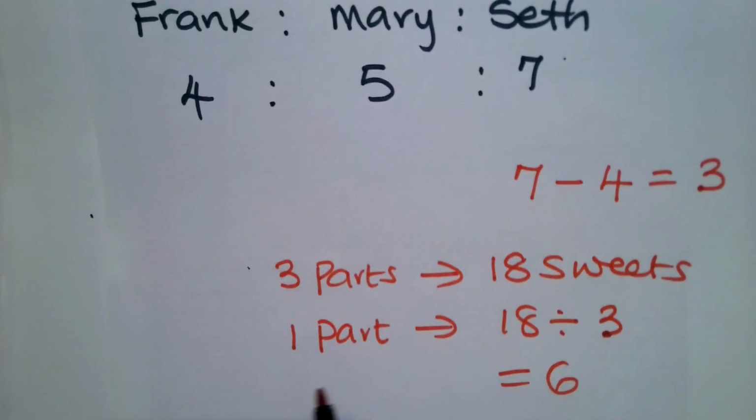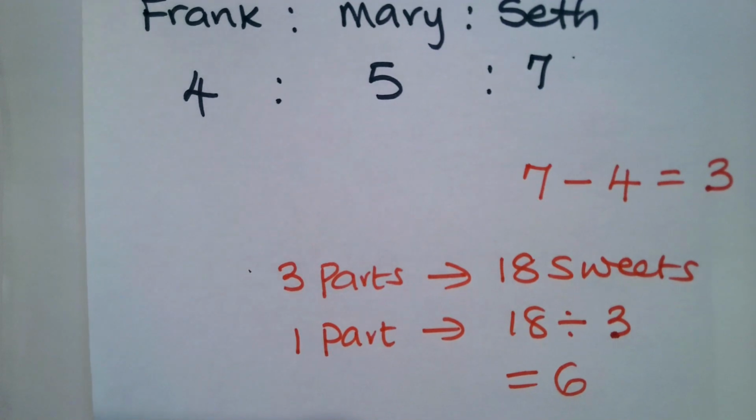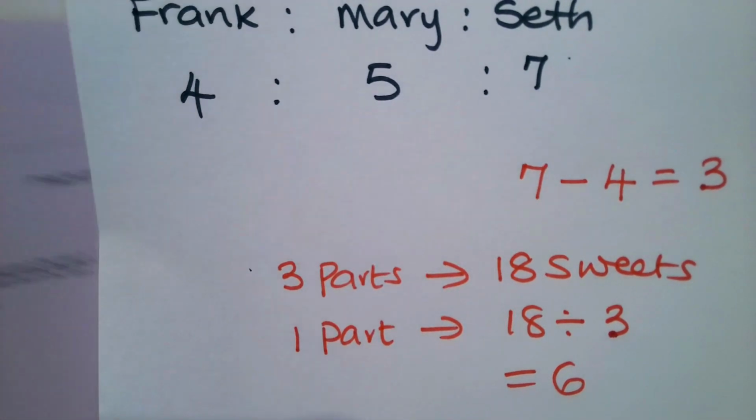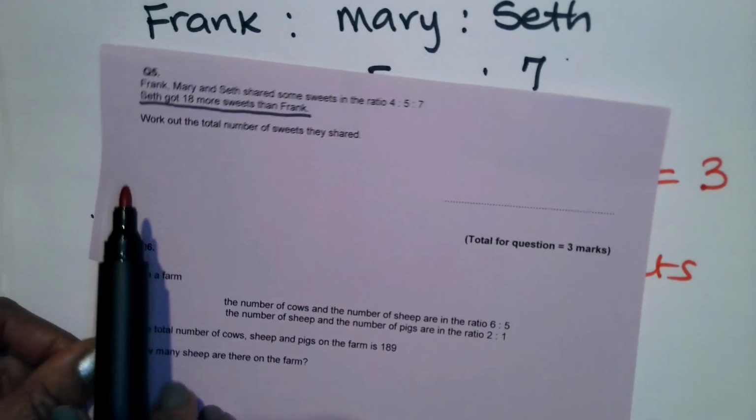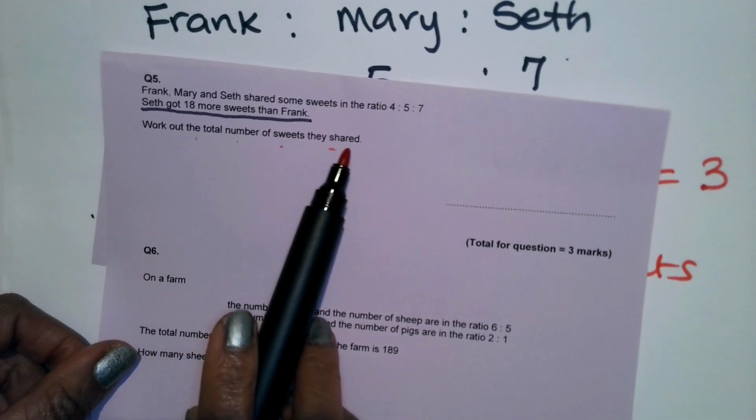So one part is equal to 6. So since one part is equal to 6, what we're going to do is, looking at the question again, they're asking us to work out the total number of sweets they shared.